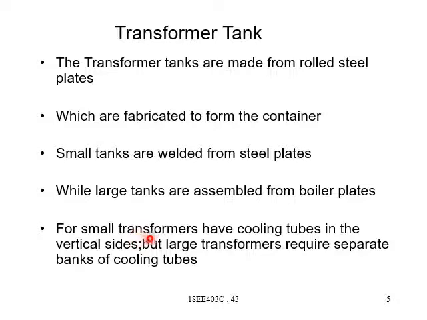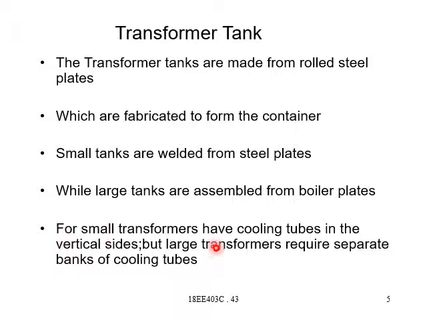For small transformers having cooling tubes, the cooling tubes work as radiators in order to cool down the heat generated in the transformer, and also to circulate the oil from high temperature to cold temperature.